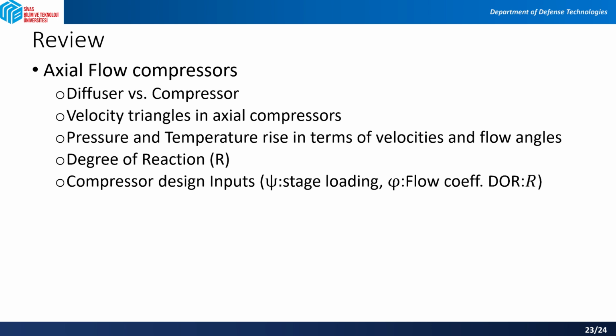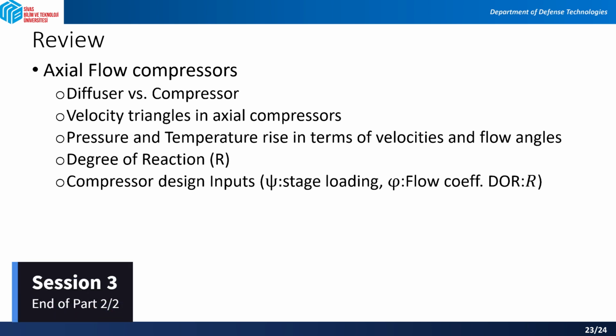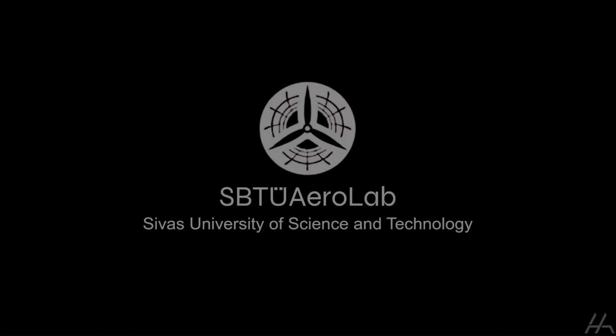Then we saw the velocity triangles in axial compressors, and we were able to obtain the pressure and temperature rise in terms of those velocities and flow angles. Then we got familiarized with the degree of reaction, loading coefficient, and flow coefficient as our compressor design inputs.